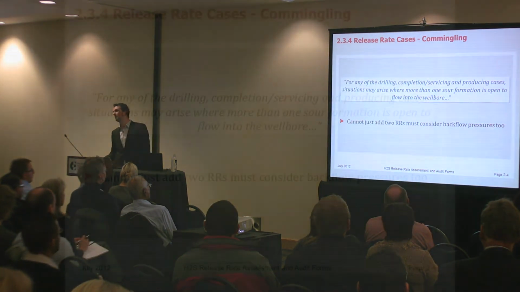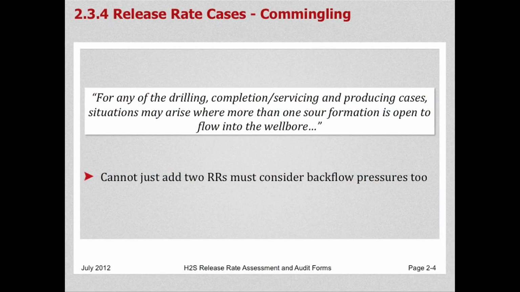What they're saying is if you are anticipating commingled flow from multiple zones, it's not just a matter of adding the two together for your potential flow rate. There are considerations for backflow pressures and whatnot.